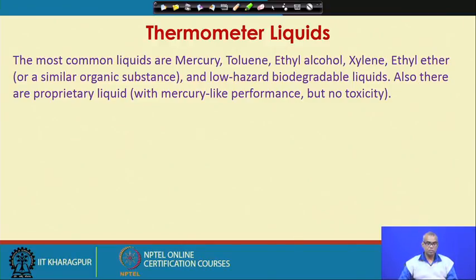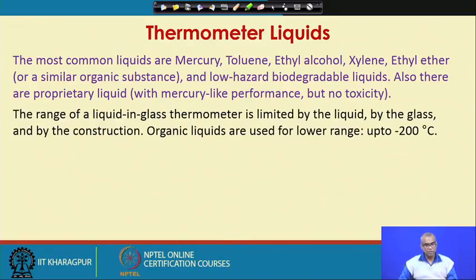Also there are proprietary liquids which have mercury like performance, but no toxicity. Note that mercury has toxicity. The range of a liquid in glass thermometer is limited by the liquid, by the glass and by the construction. Organic liquids are used for lower range up to minus 200 degrees Celsius.